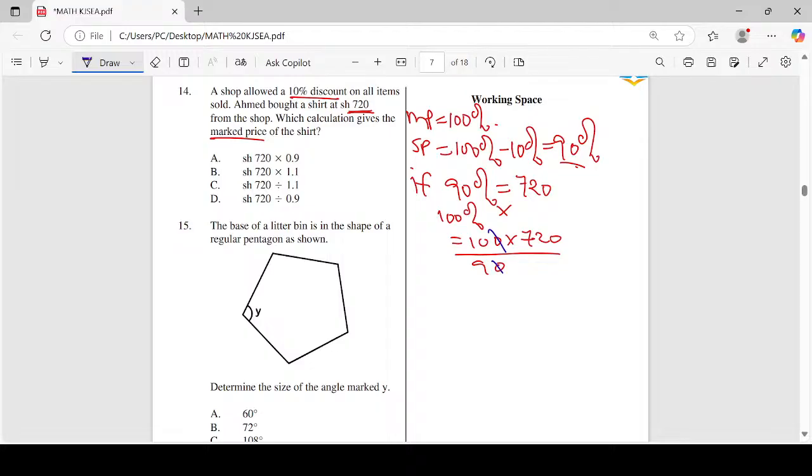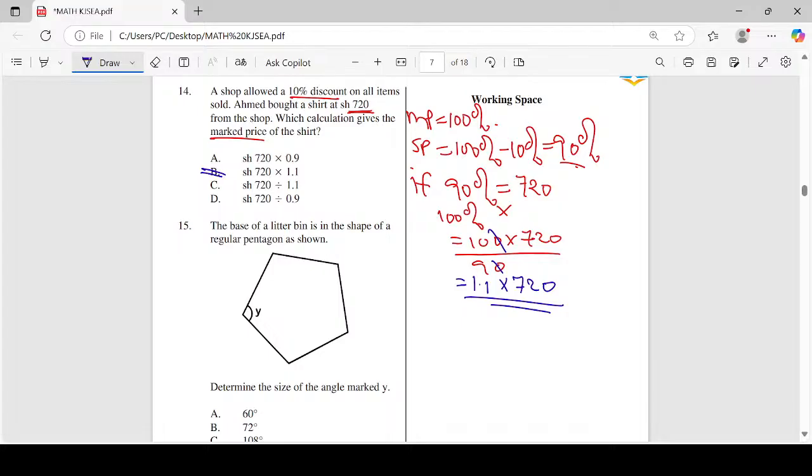Then I'm having 10 divided by 9, that is 1.11, which someone can just talk of as 1.1, times 720. So the correct answer should be 720 times 1.1, that one there.